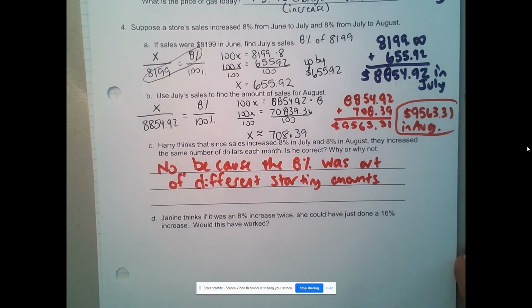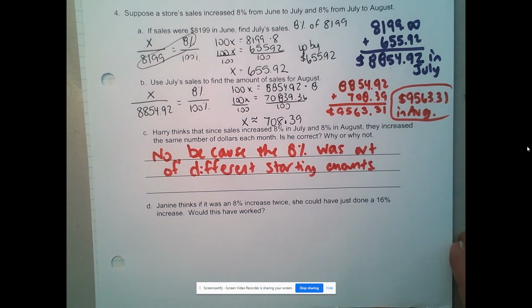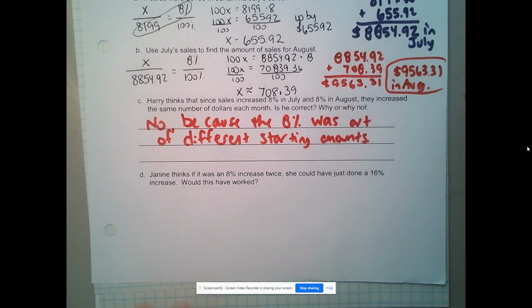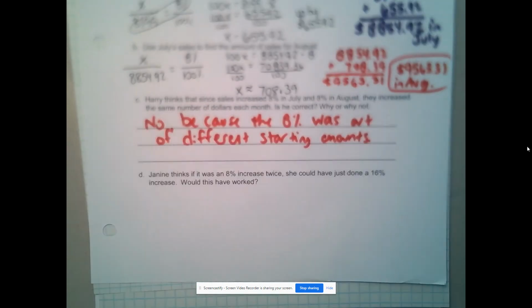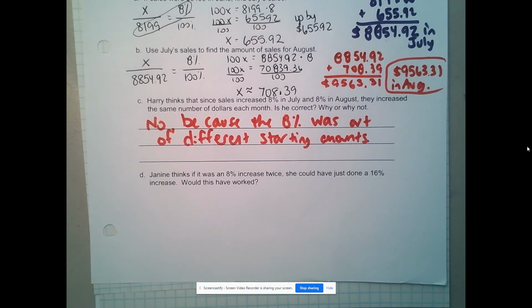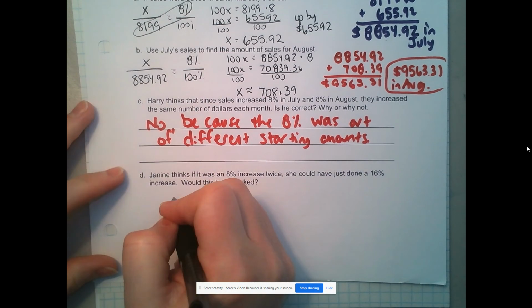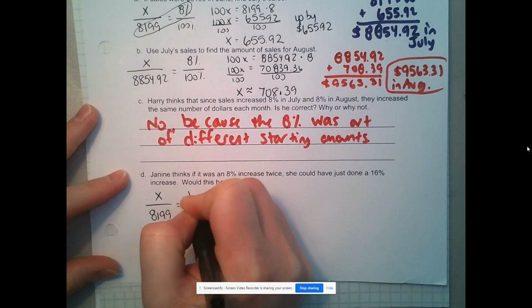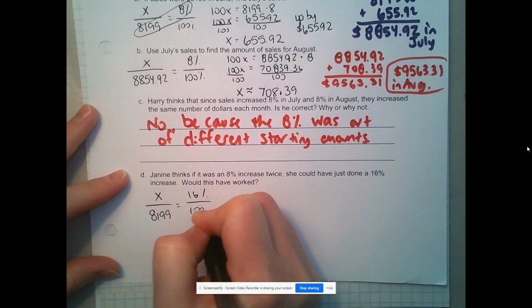Janine thinks if it was an 8% increase twice, she could have just done a 16% increase. Would this have worked? And we're going to say no right off the bat. We know that the first 8% was not equal to the second 8%. However, if we wanted to take the time to do it and we said, okay, 8,199, what's 16% of that?